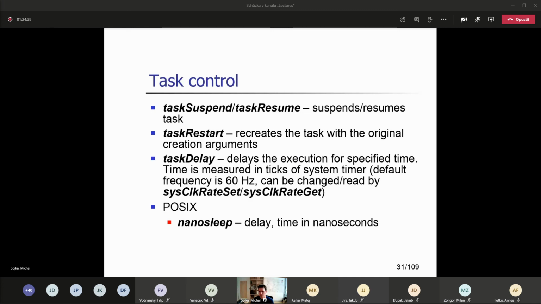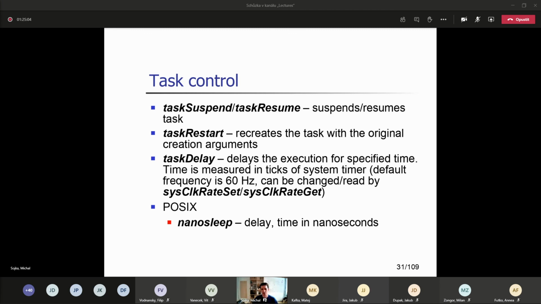Or if you don't want to do this, you can just use the POSIX API, which is the nanosleep function. This is the same as under Linux, and there the conversion between system ticks and physical time is already there. But don't be confused. Nanosleep suggests that maybe you can sleep 1 nanosecond or maybe 10 nanoseconds.